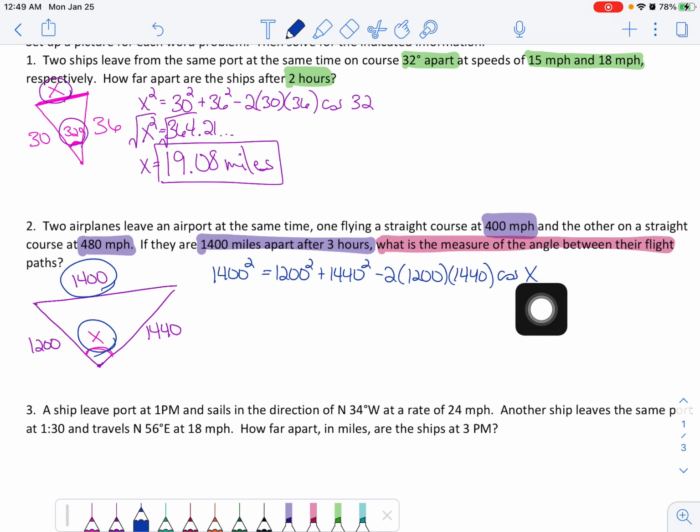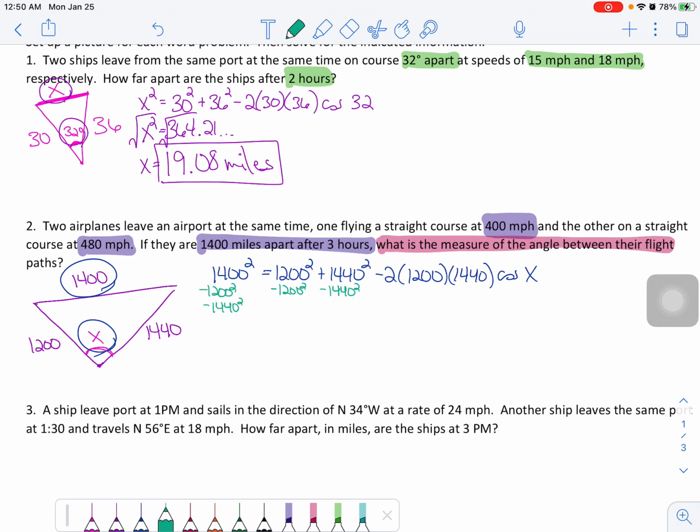Now remember, when we have this problem where we're trying to solve for x, be very careful solving it. You need to subtract these two pieces and you multiply these, and the last part's going to be doing some division. So let's go ahead and subtract 1,200 squared and 1,440 squared.